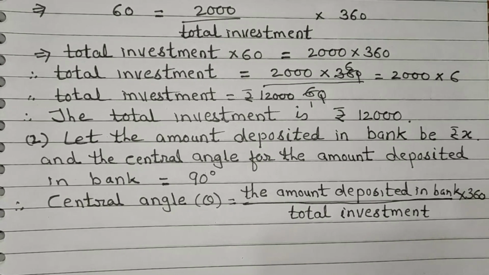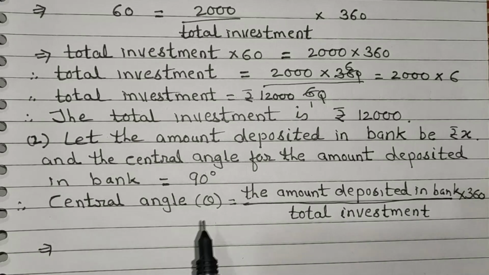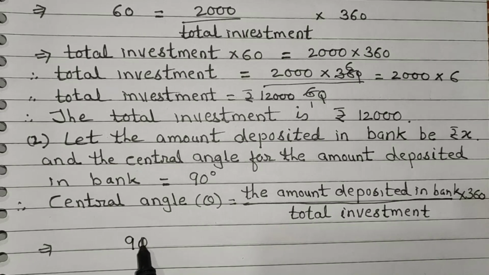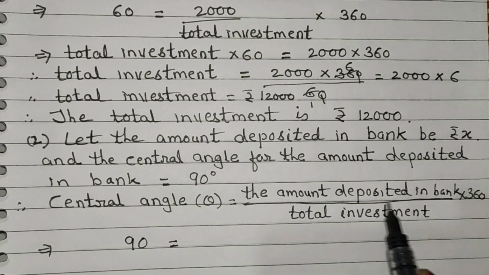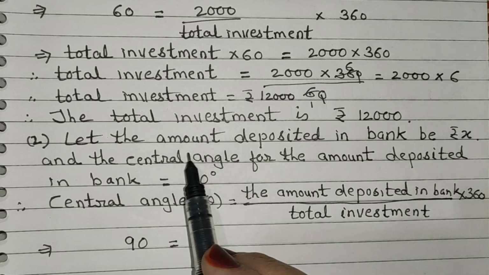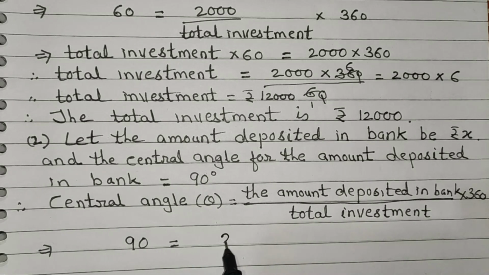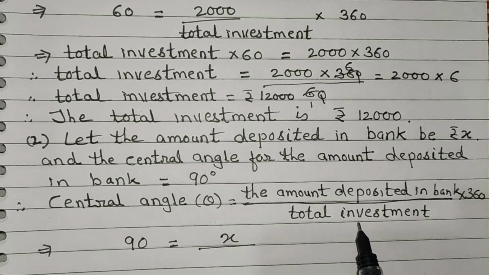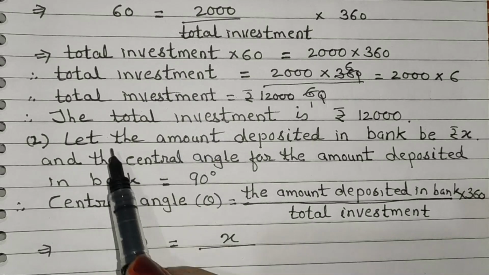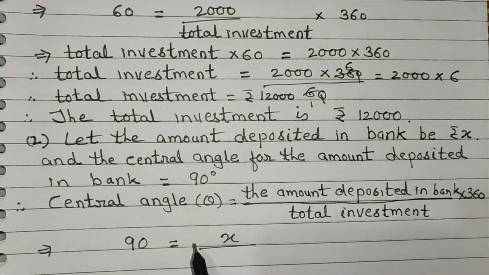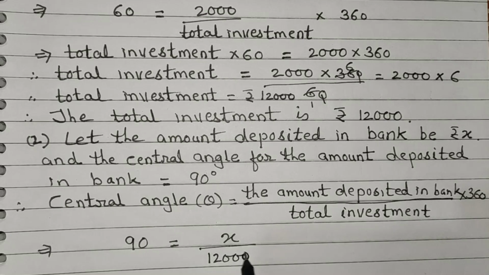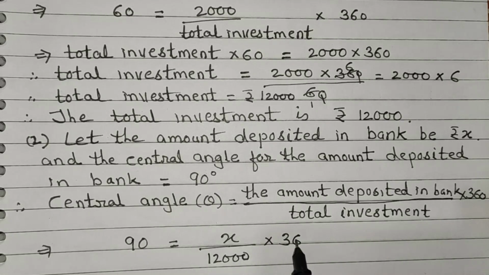Now substituting all the values, 90 is equal to X upon the total investment from the previous question, rupees 12,000, multiplied by 360.